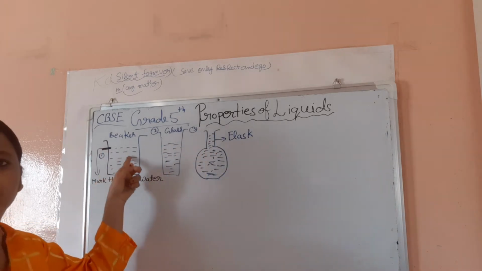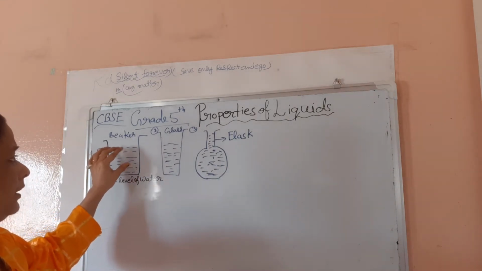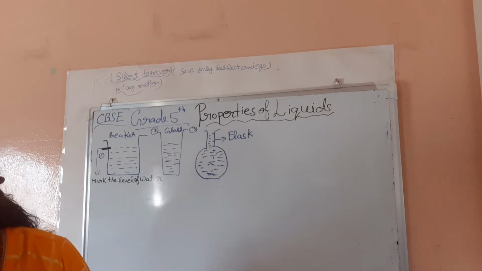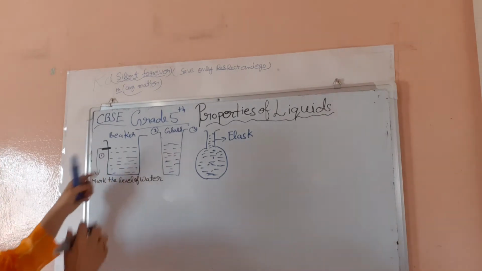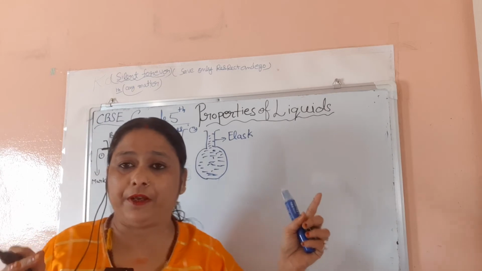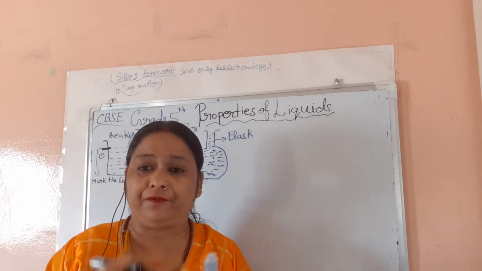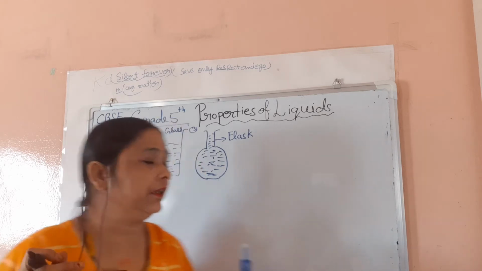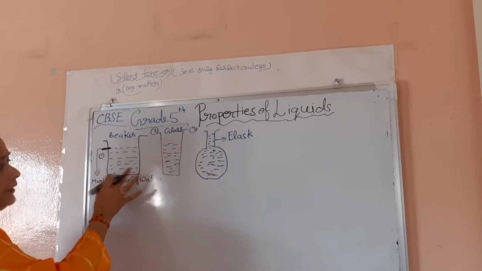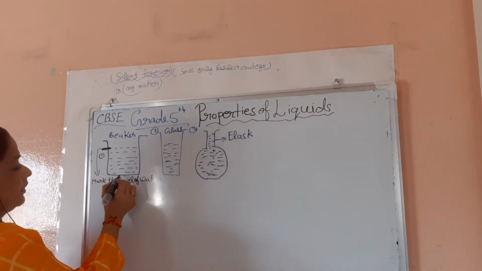Firstly, take a beaker and fill it with water. When the water from the beaker is poured into a glass, the water takes the shape of the beaker. The first property of liquid or water is that the shape is not fixed, the shape changes, and the volume is fixed. How can we prove it?